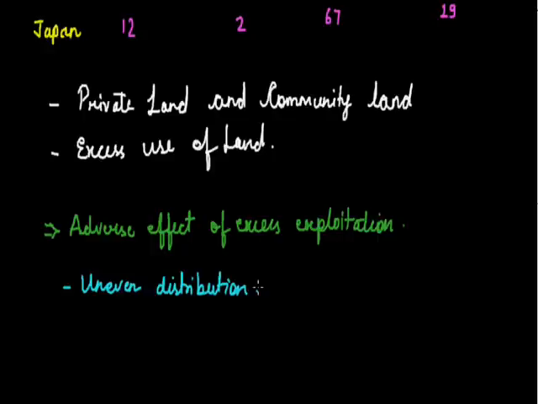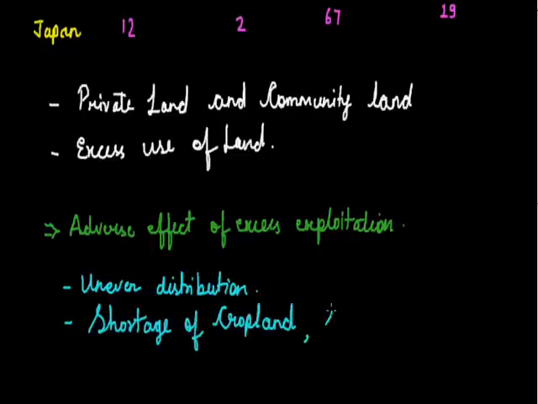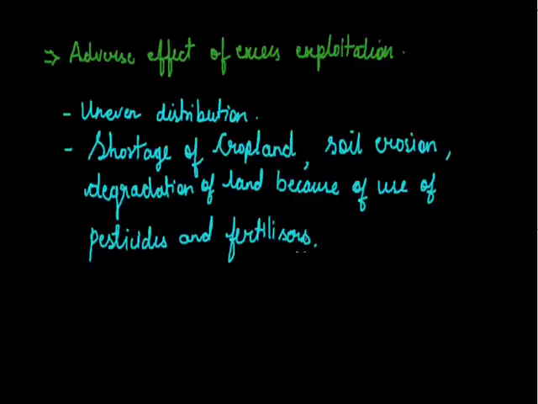What is required here is that we should be using land in a very proper manner. Also, because of this uneven distribution, there are other problems like shortage of cropland, soil erosion, and degradation of land because of excess use of pesticides and fertilizers. So these are the adverse effects that the land is facing because of uneven, or we can say improper, utilization.